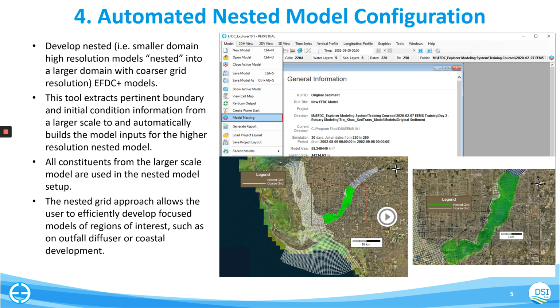A hot start is when you've turned on in EFDC a restarting model capability. So at every user-defined interval, EFDC will write out all the variables necessary to start a new model up right at that same point, and then run it forward from that point on.